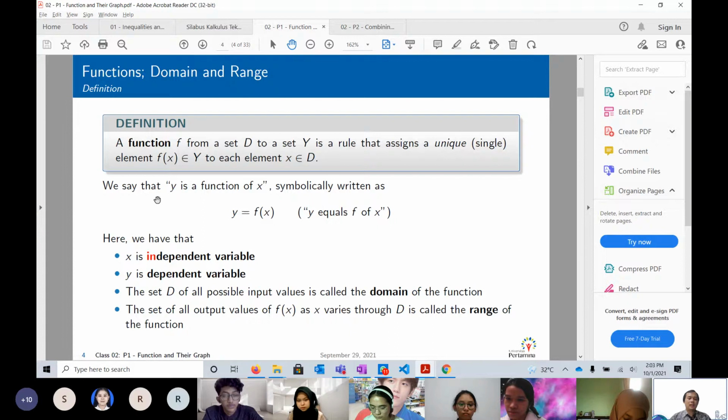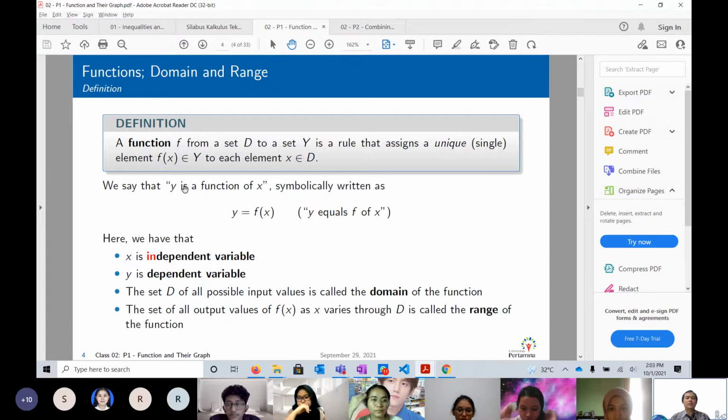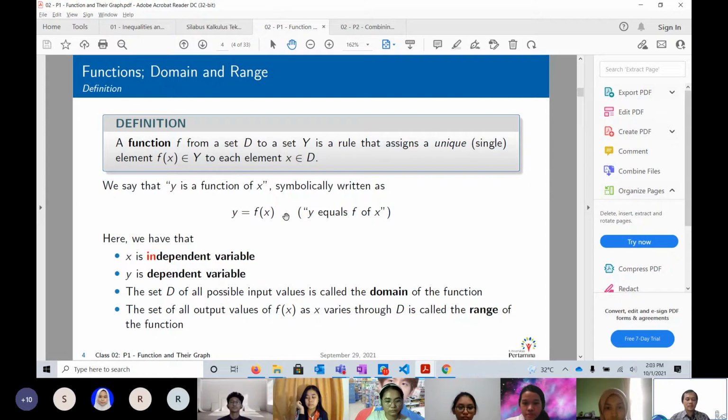Basically, normally the function will look like this. For example, here, y is a function of x. We can write it like this: y equals f of x means that y is a function of x.